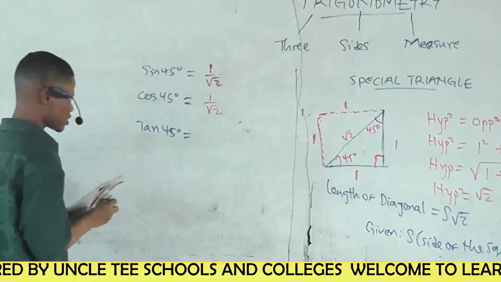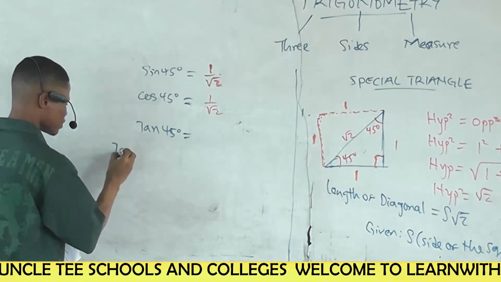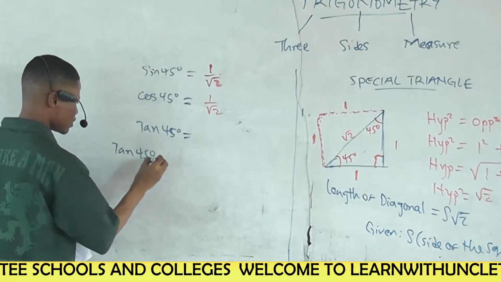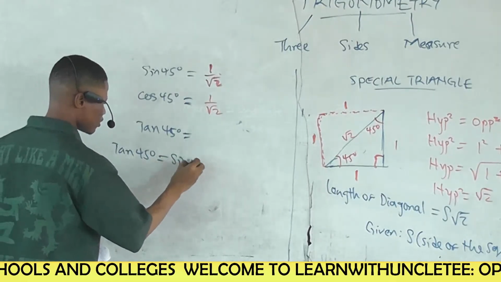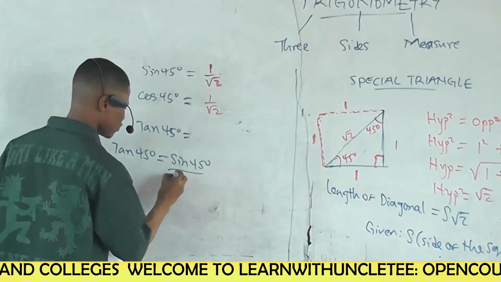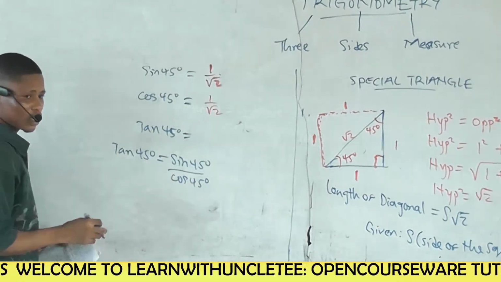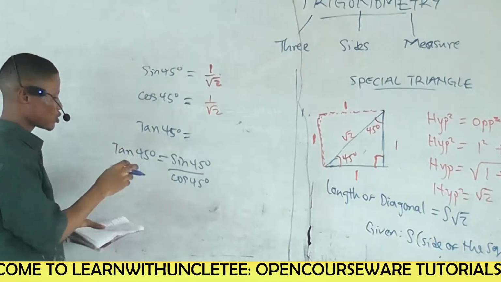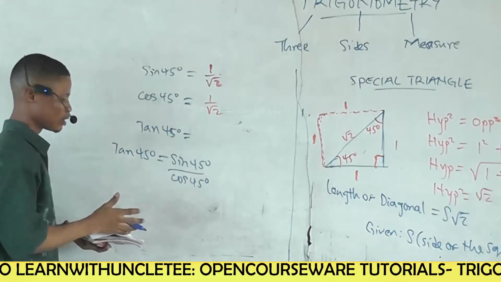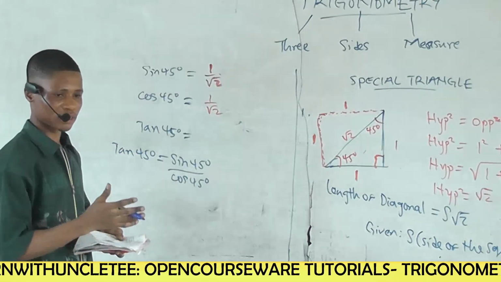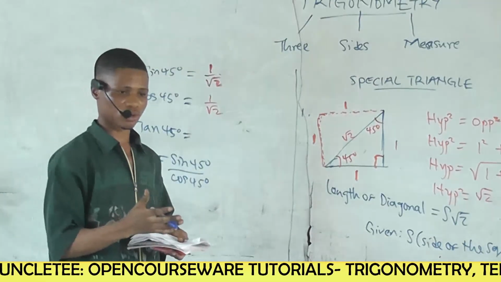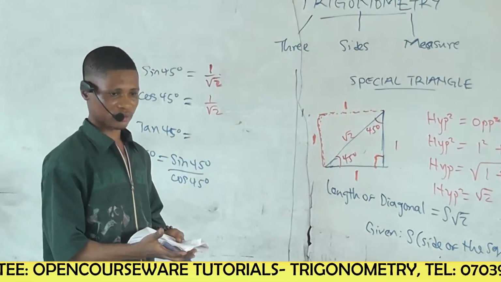I told you that tan 45 degree is the same thing as sine 45 degree over cos 45 degree, right? And I told you that once you make sine 45 degree, then you are going to multiply by the reciprocal of what? Cos 45 degree.